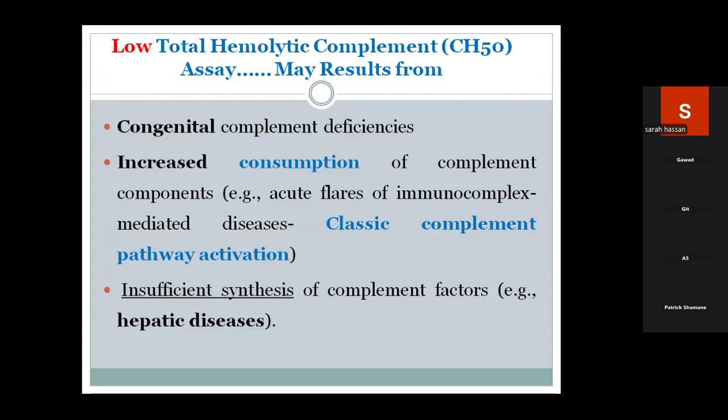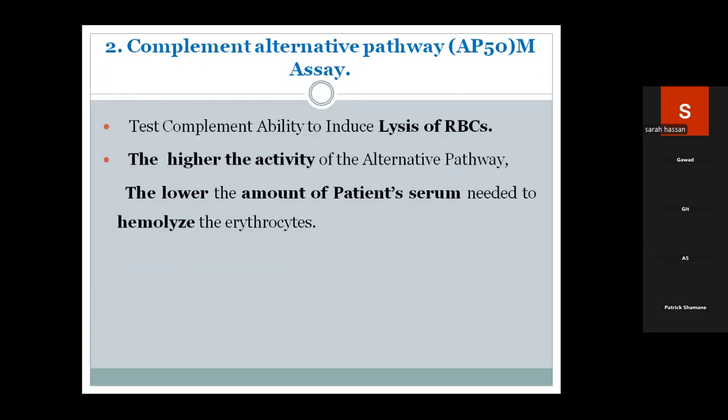The second test is called the alternative pathway assay. This test tests the complement ability to induce lysis of the RBCs as well. The higher the activity of the alternative pathway, the lower the amount of patient's serum needed to hemolyze the RBCs.